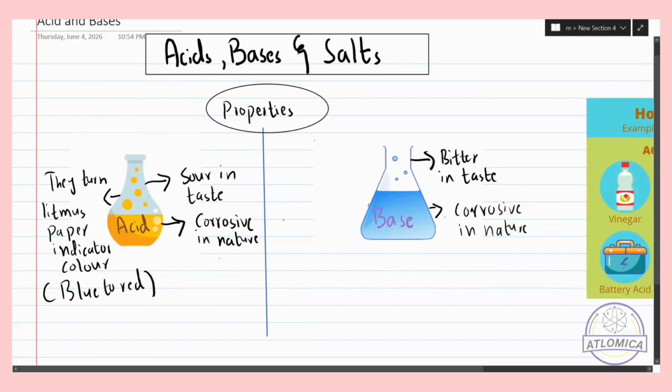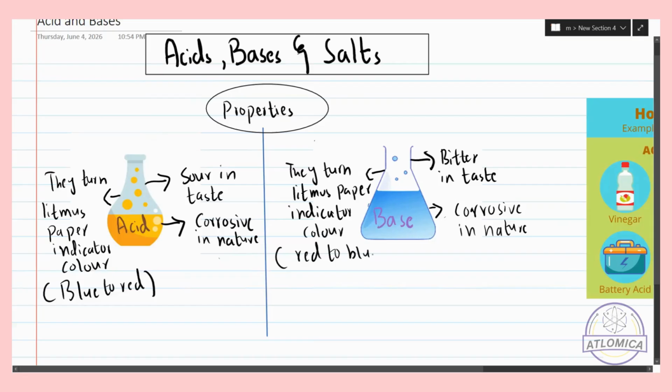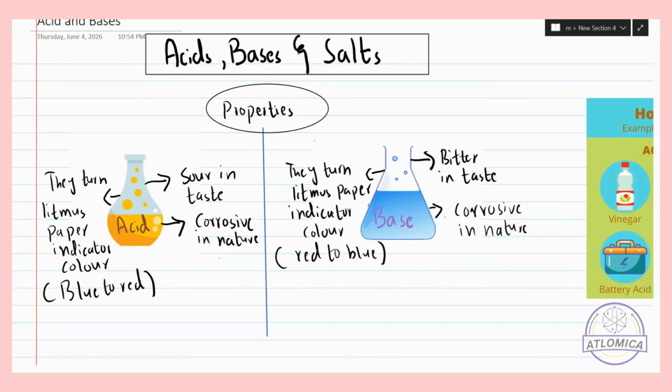They're bitter in taste, they're corrosive in nature, and they turn litmus paper indicator color from red to blue. You must be thinking they are basically the opposite of an acid, and you're probably right. Their properties are opposite of an acid.